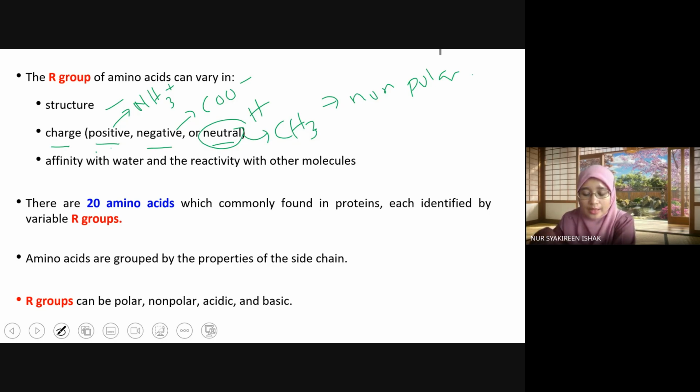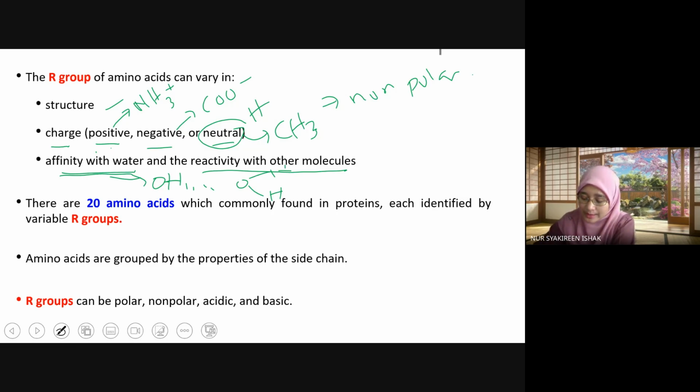So the R group of an amino acid can vary in affinity with water and their reactivity with other molecules. So for example, if the side chain has a hydroxyl group, OH, this allows the amino acid to have a polar property. It can form hydrogen bonds with water molecules.